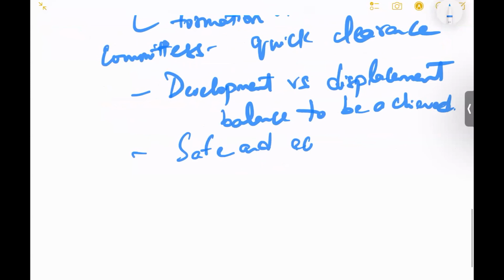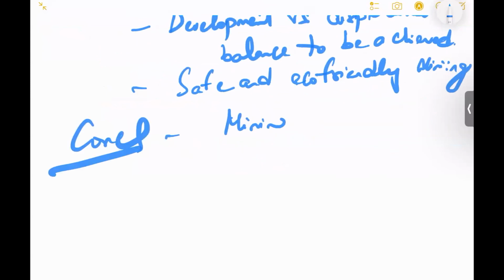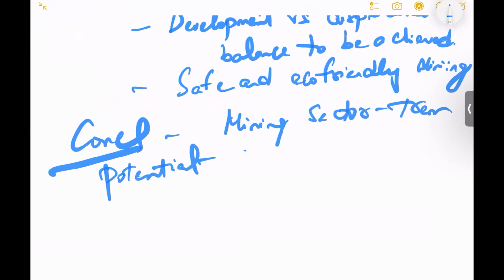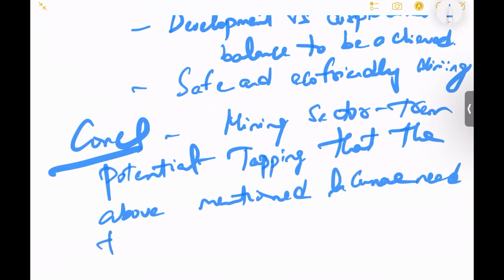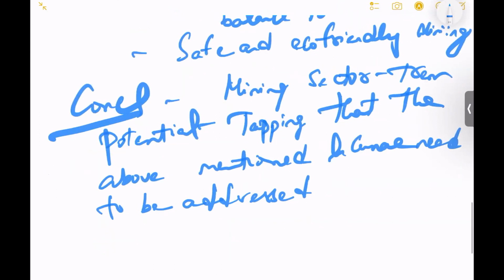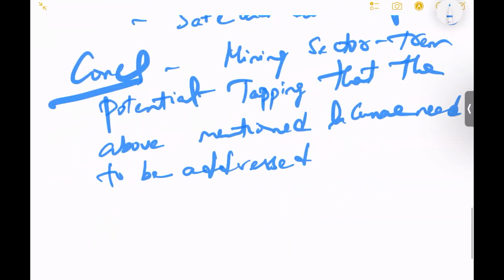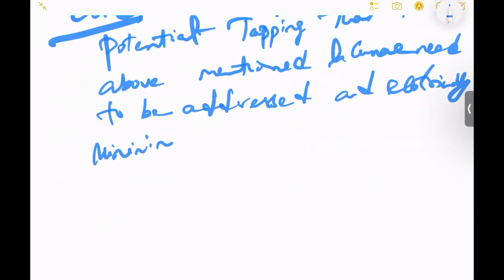In the conclusion, you'll write the mining sector has tremendous potential, but for tapping that, the above mentioned lacunae need to be addressed, and eco-friendly mining shall be the way forward.